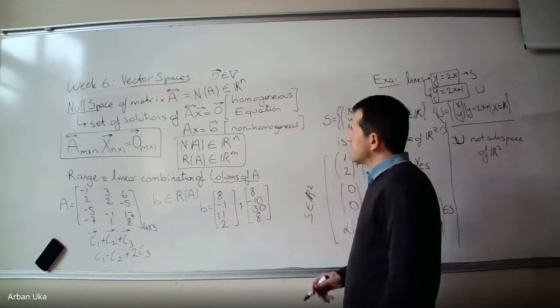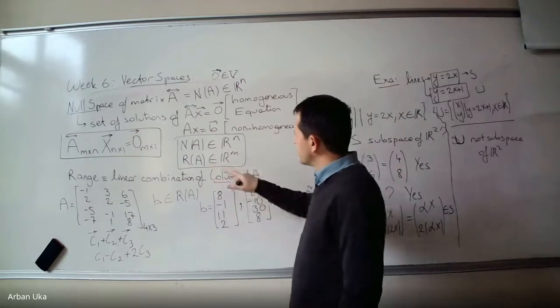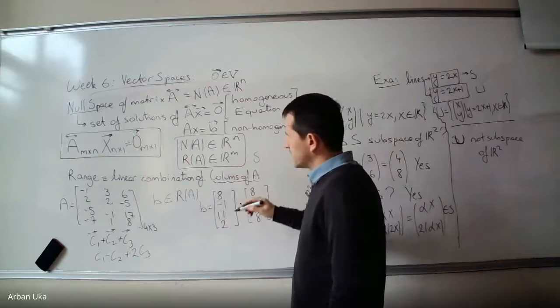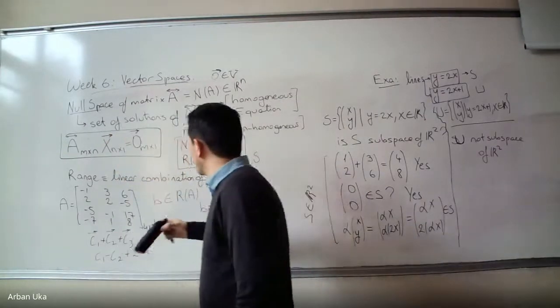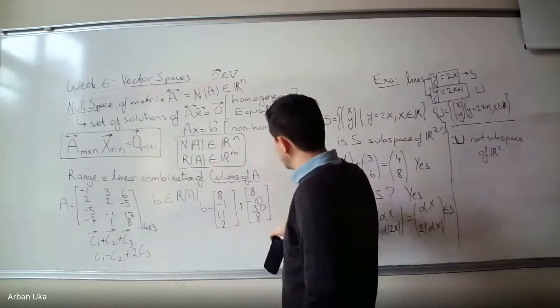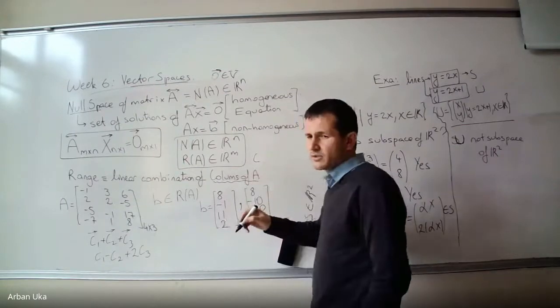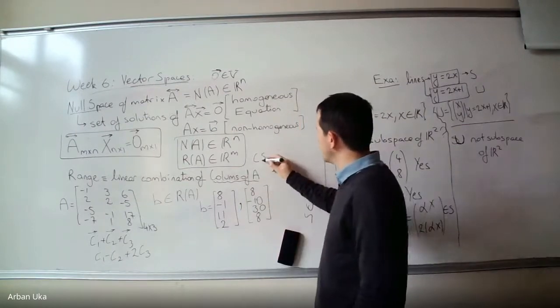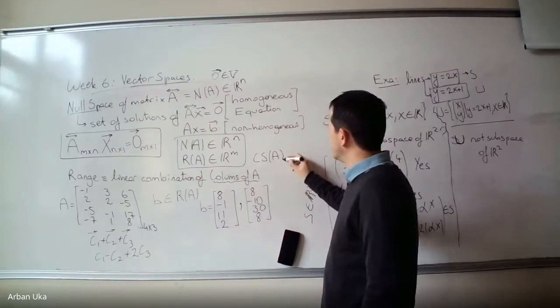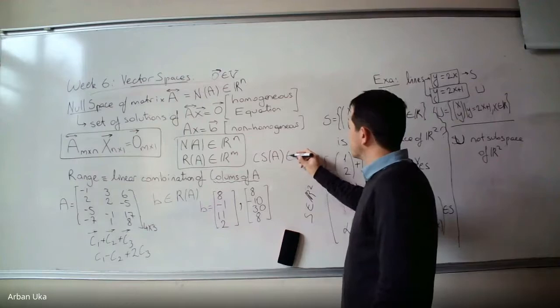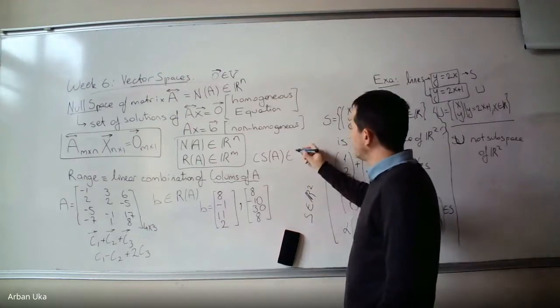So now we have the null space and we have also the range of A. This range of A we can also call the column space of matrix A. Why do we call it column space? Because it is equal to the linear combinations of several columns. The column space of A is a subset of Rm.